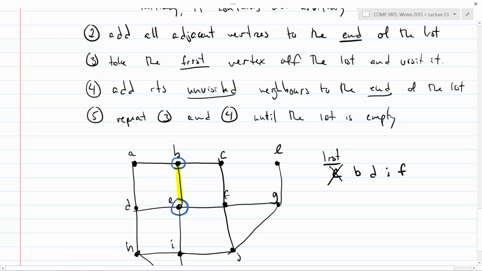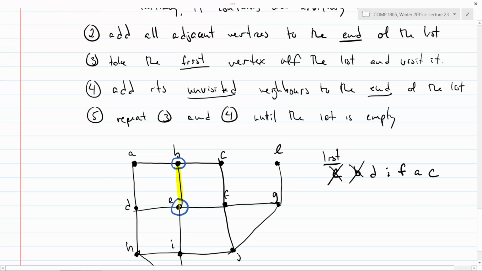Its unvisited neighbors are A and C. I don't include E because I already visited E. So I add on A and C. And now B has been visited, so it's finished. So now I go to the first thing in the list, which is D.